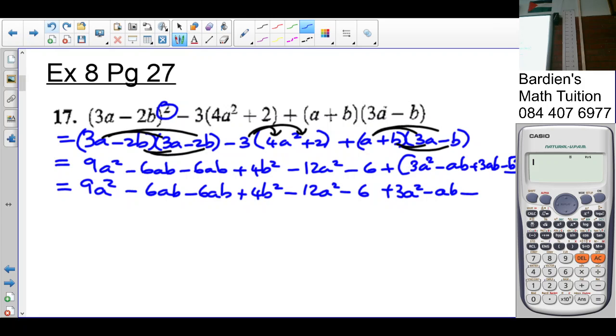Why minus? Here is a plus here. That's your mistake. So she says minus is actually plus. Carry on. ab, 3ab is plus b squared. Why plus? Minus b squared.